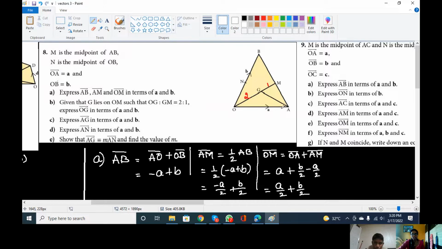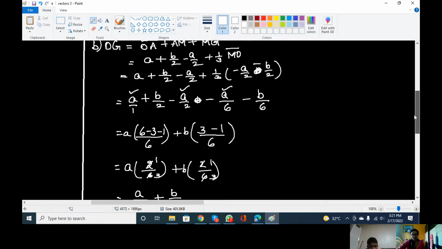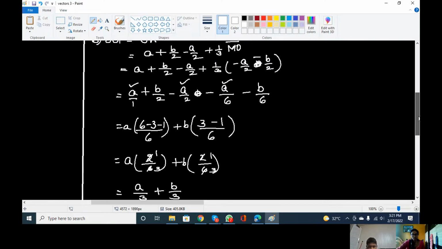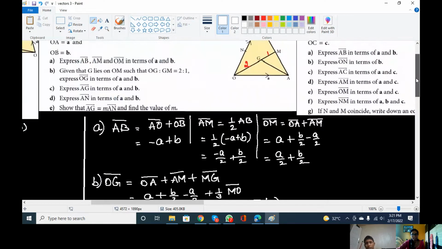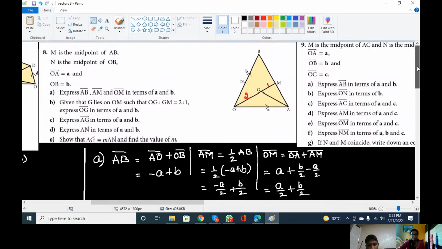AG, if we want to find out, A to the G we need to go. So AO plus OG we can write. What's the value of MG then? I did not see. I mean, I saw, but I don't remember the value. MG I didn't find here. But you just said that we know the value for MG, so we can find AG. No, we don't know the value. We have to go in this way. We don't know the value of MG.